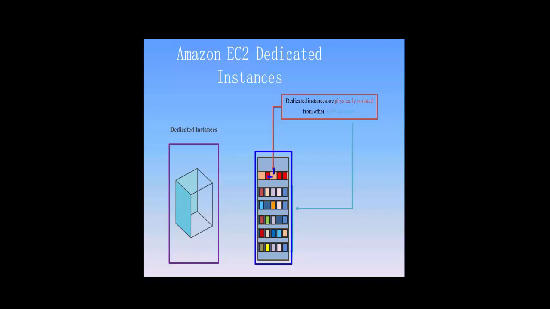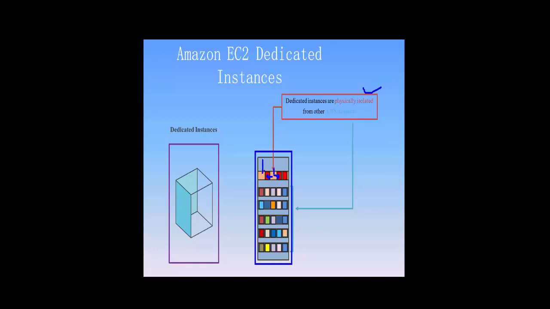Another user on the same hardware cannot interfere with your machine and you cannot go out of your boundary. Dedicated instances are physically isolated from other AWS accounts.